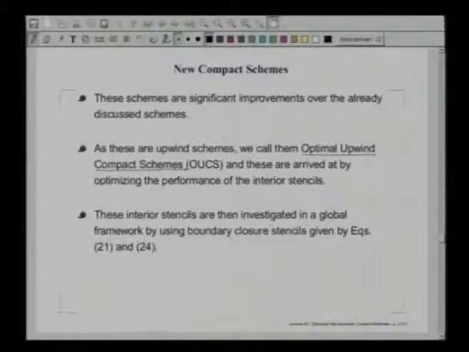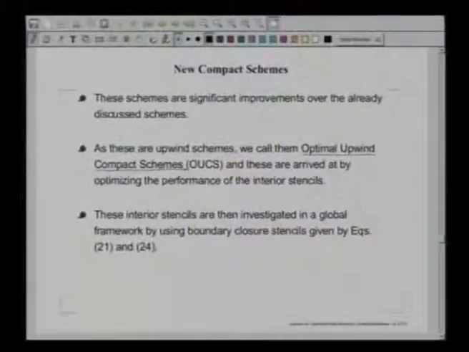Here in our HPCL, we have developed 4 such schemes, OUCS 1 to OUCS 4, and you recall that in one of the earlier lectures, I have shown you the properties of the OUCS 4 scheme. It was accurate all the way up to kh equal to 2.7 or so, and that was a significant achievement, probably the most accurate scheme that is available so far in the published literature.